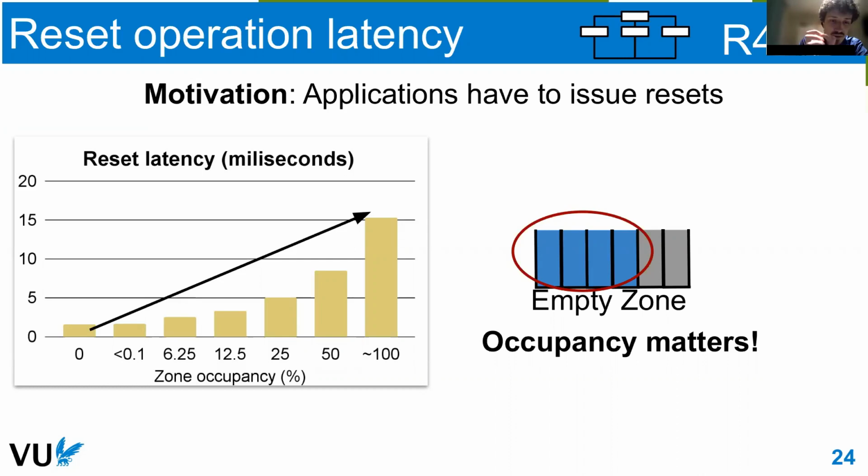You see that for an empty zone it takes a millisecond or two, but for a full zone it took 15 milliseconds, which is 15 times higher. So any application that needs to do any scheduling related to resets, be it the scheduler, the file system, or the database, needs to truly consider the occupancy when thinking about its cost.